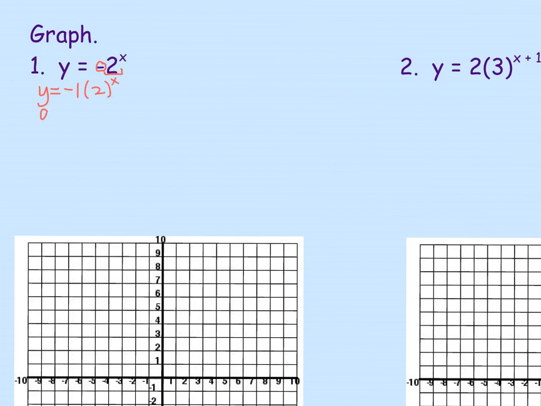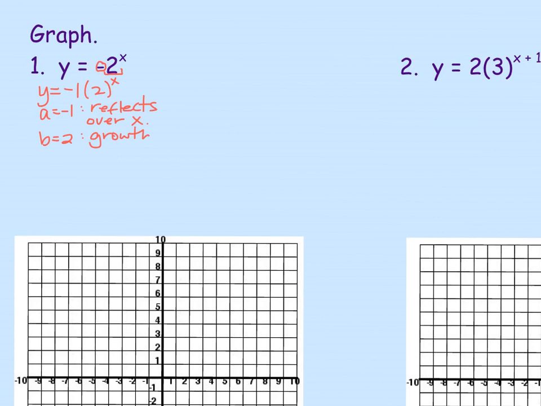So if a equals negative 1, we know this graph is going to reflect over the x-axis. So our graph will open upside down. B equals 2, so this means a growth factor. It'll be smaller on the left and bigger on the right-hand side.